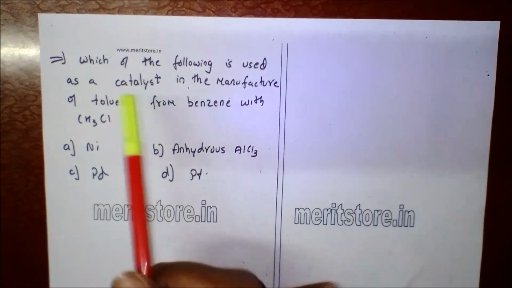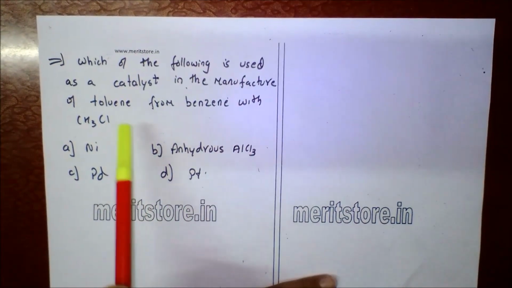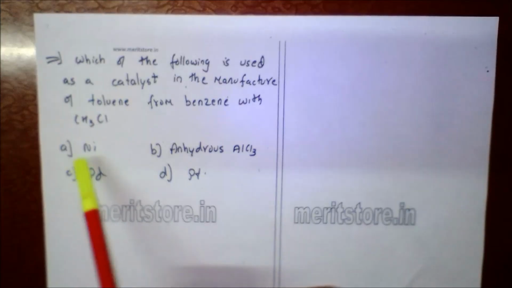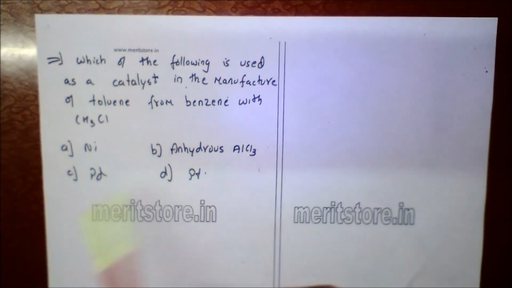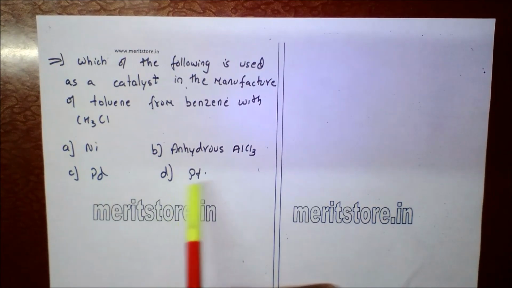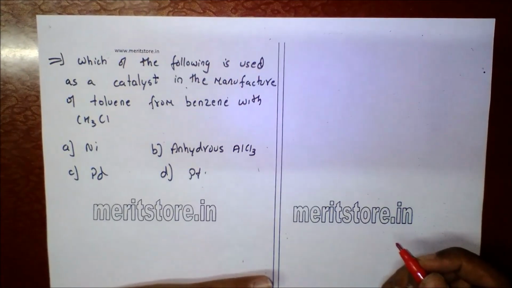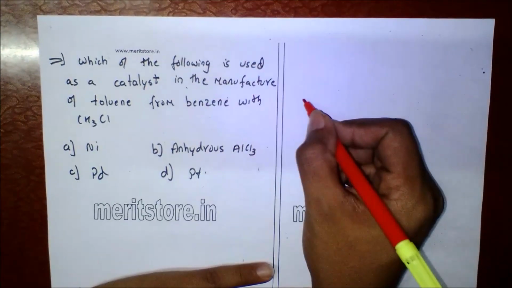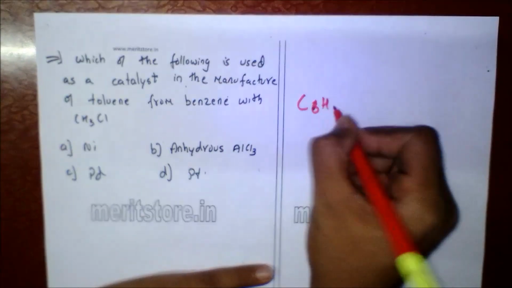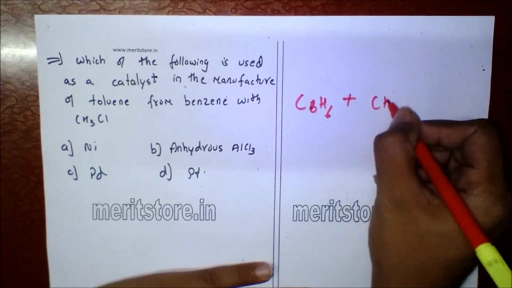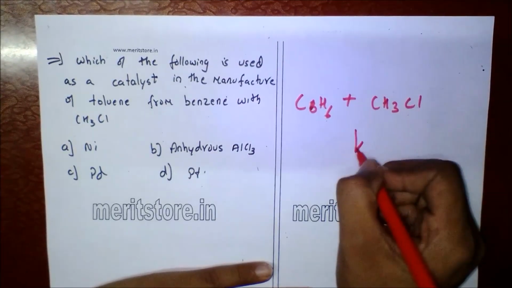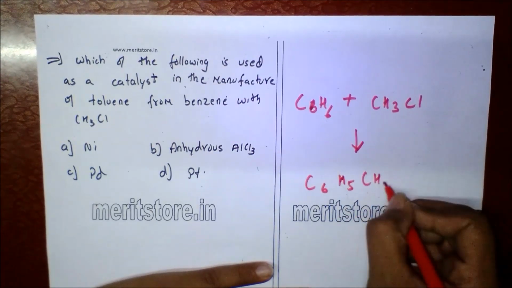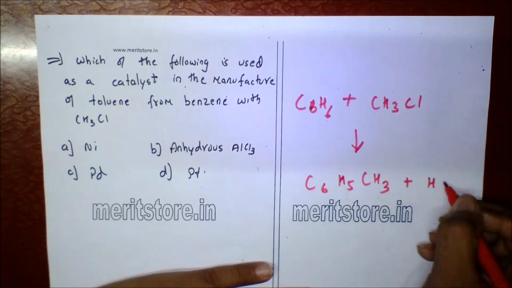Which of the following is used as a catalyst in the manufacture of toluene from benzene with CH3Cl? A. Ni, B. Anhydrous AlCl3, C. Pd, and D. Pt. Now, the reaction which converts benzene into toluene using CH3Cl is C6H6, which is benzene, plus CH3Cl gives C6H5CH3, which is toluene, plus HCl.